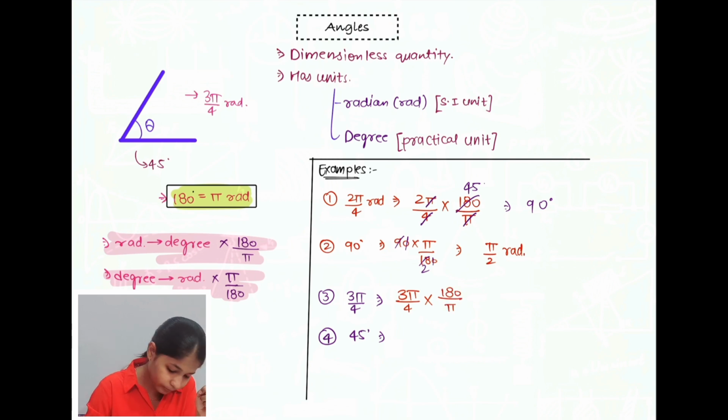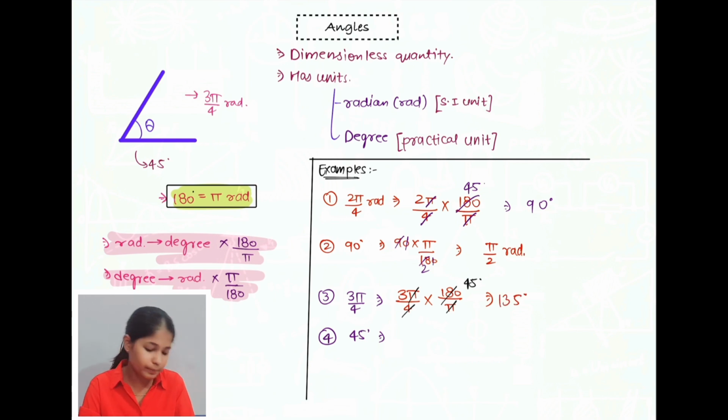Then you can see it will cancel pi, 4 4s are 16, 4 5s are 20. Then it will become 45 into 3, which is 135. Your answer will be 135 degrees.